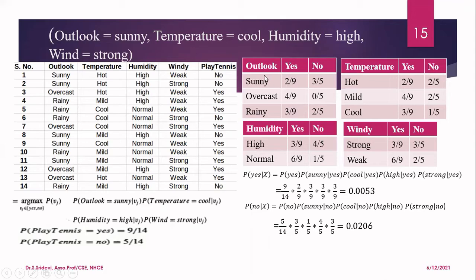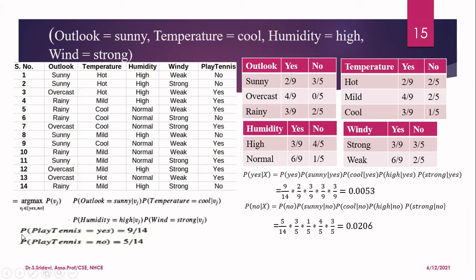Now what does this denominator 9 indicate? It's nothing but the total number of instances in which the person is going to play tennis. In how many instances totally is the outcome predicted as yes? That you have to calculate. For that, you see your target class. In this target class, how many times is the outcome predicted as yes? So count it.